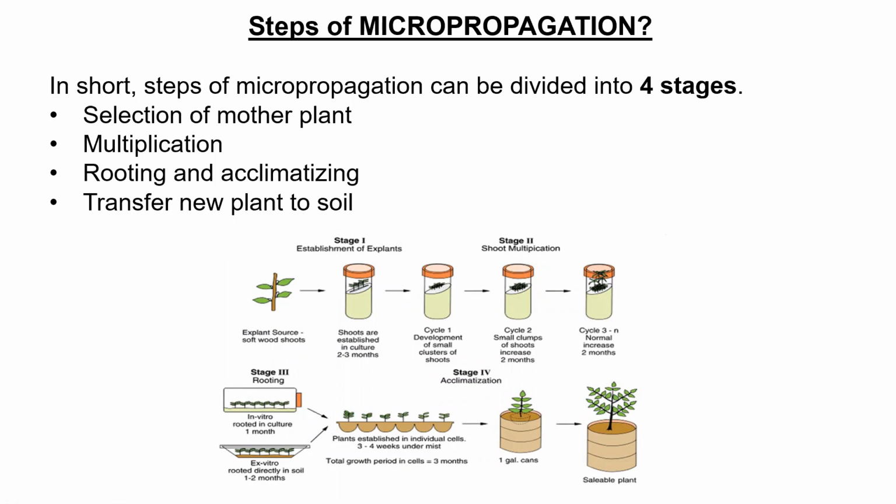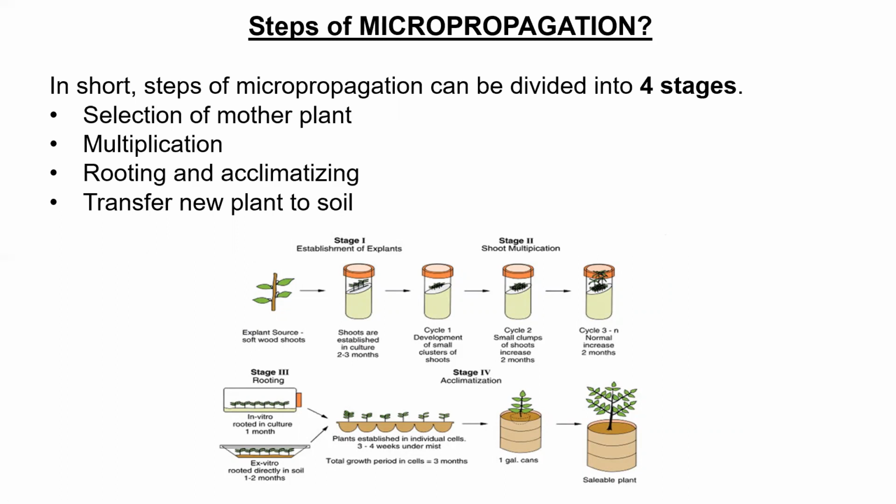Micropropagation is a type of plant tissue culture. Plant tissue culture is when you have a part of a plant, which we call an explant, and you culture it in vitro under a controlled environment, providing it all the macronutrients and the growth hormones and the carbon source.